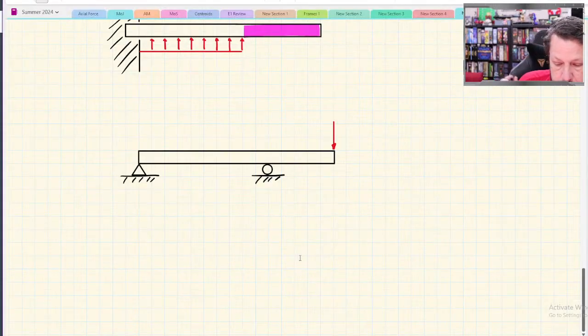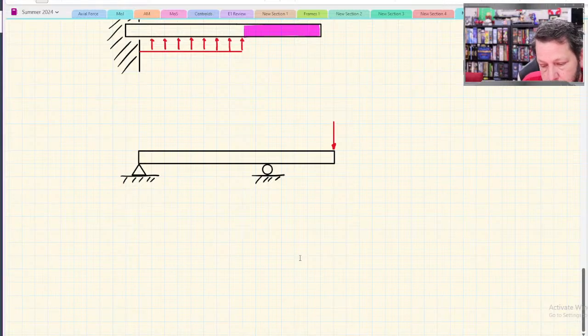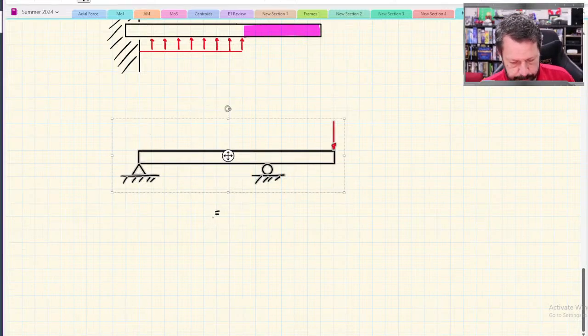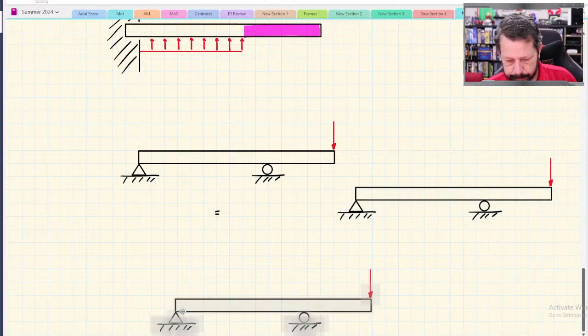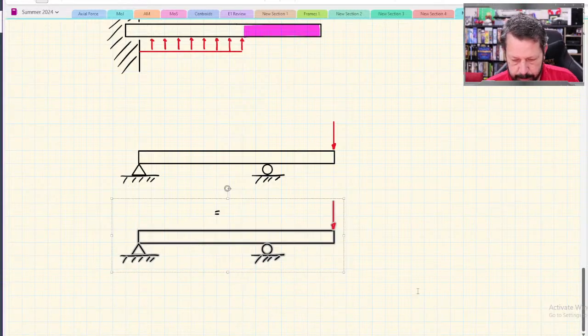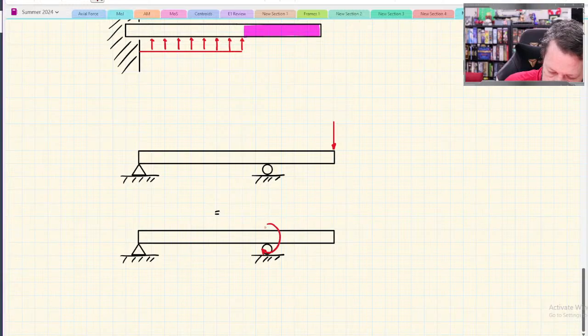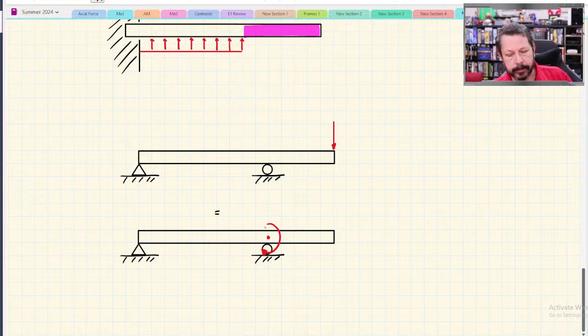So what we did is we said, well, that's equal to this. Instead of a point load at the end, we said that, well, we can do this, and get some of the same effect.